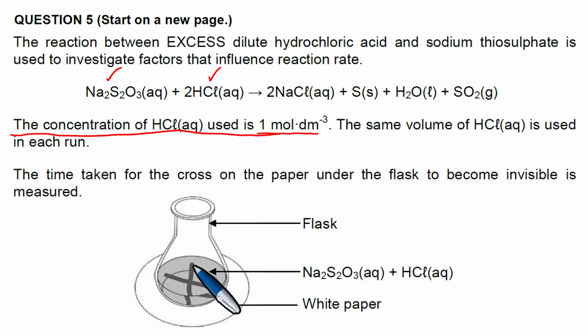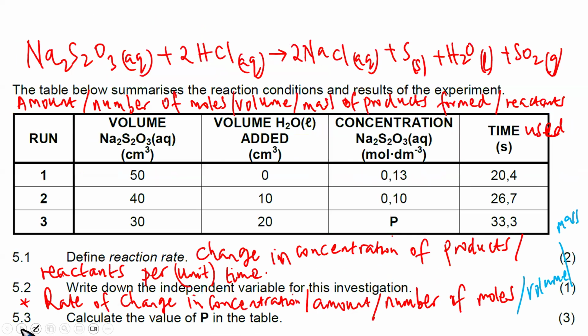Now the question is, how do we see the independent variable in this case? The HCl is fixed, but we continue to use this flask, such that in run 1 we combine the volume of the sodium thiosulfate is this.